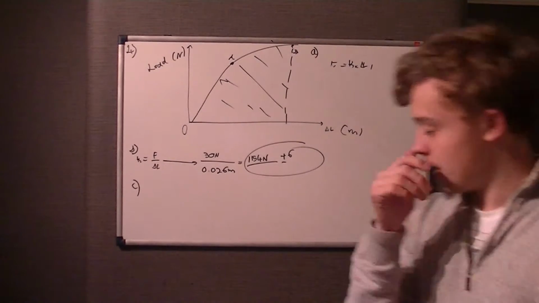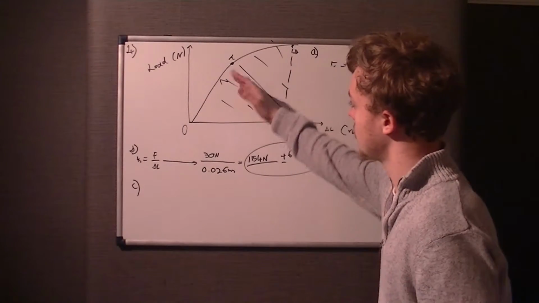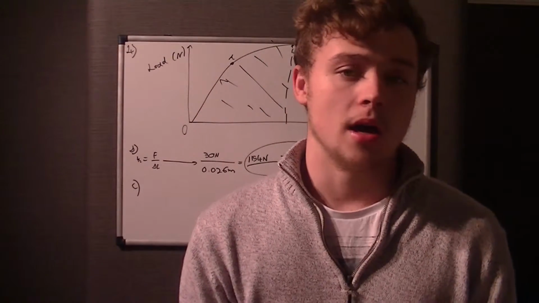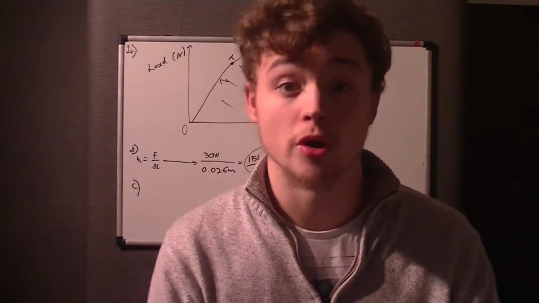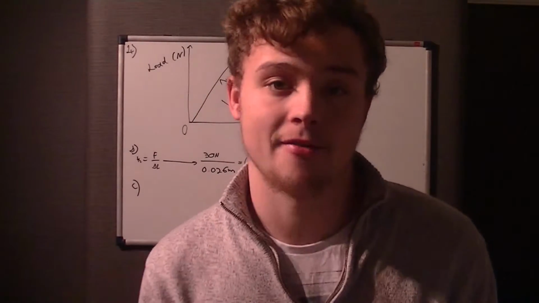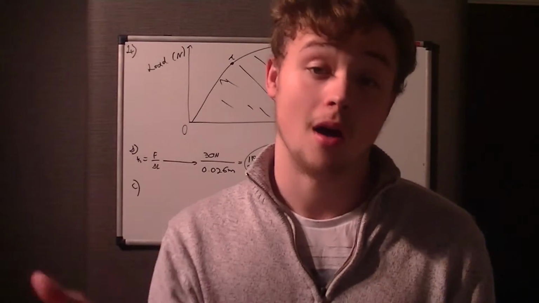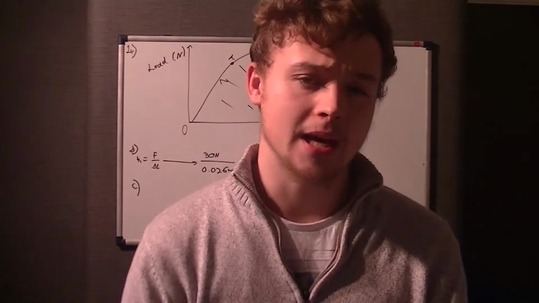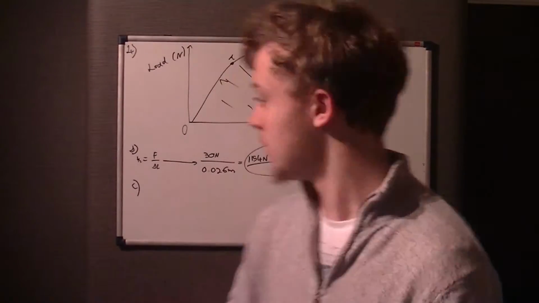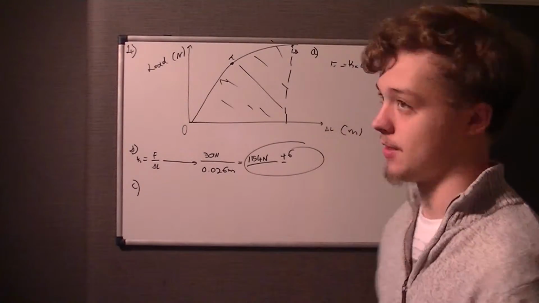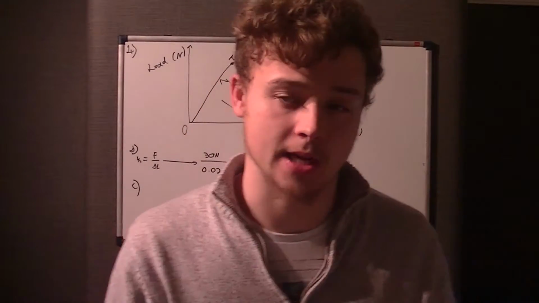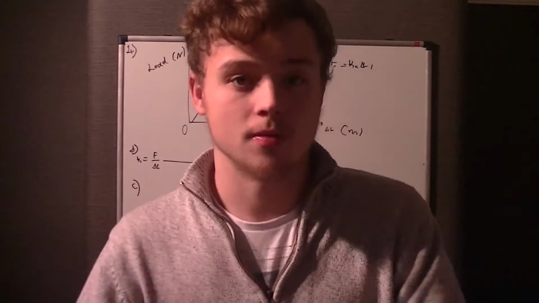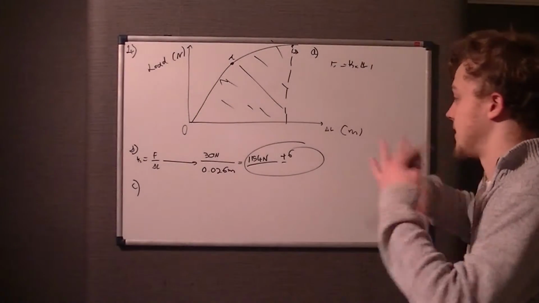You could split that up into a triangle and some other weird shape and try to work out the energy stored, which is the work done, using half times F times delta L, or half times K times delta L squared, but there's a much simpler way. The area under the graph is force times distance, which is the work done. You can see where that comes from.